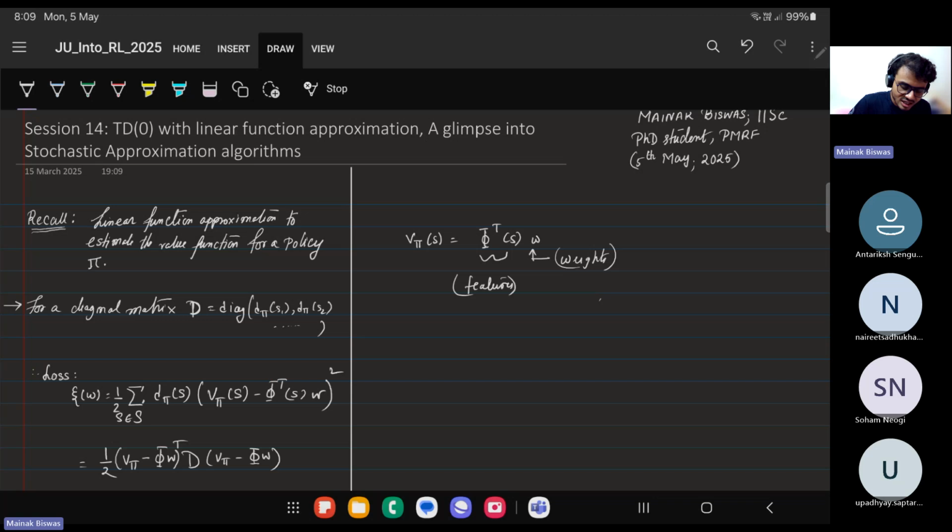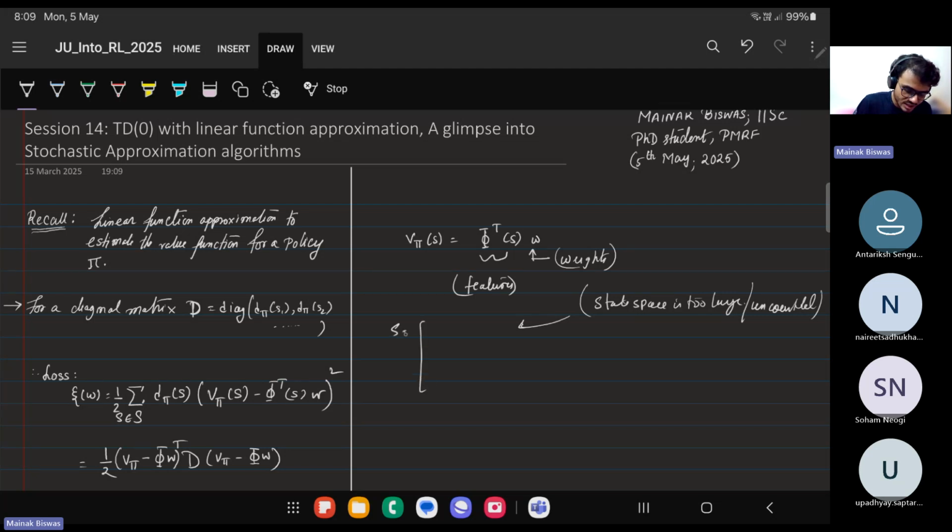We said that the state space is too large, or uncountable, then we could approximate the states using a feature vector, right?